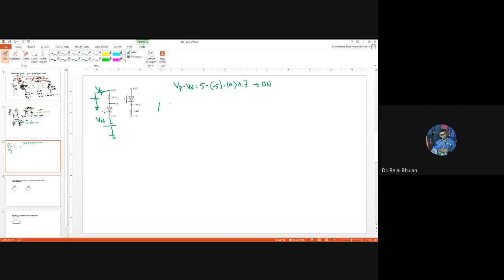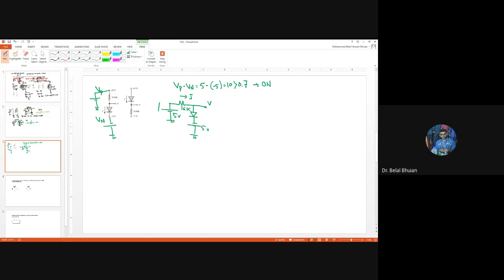Now if I redraw the circuit, first of all, 5 volt, and 5 volt is connected to the resistor. From the resistor we have this V, and from the diode, V, the current is I, so 16K, 5 volt, 5 volt.